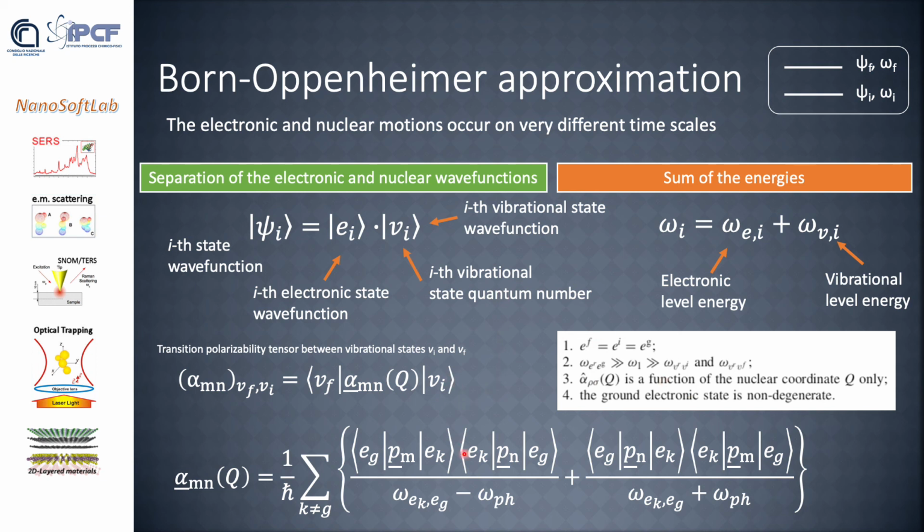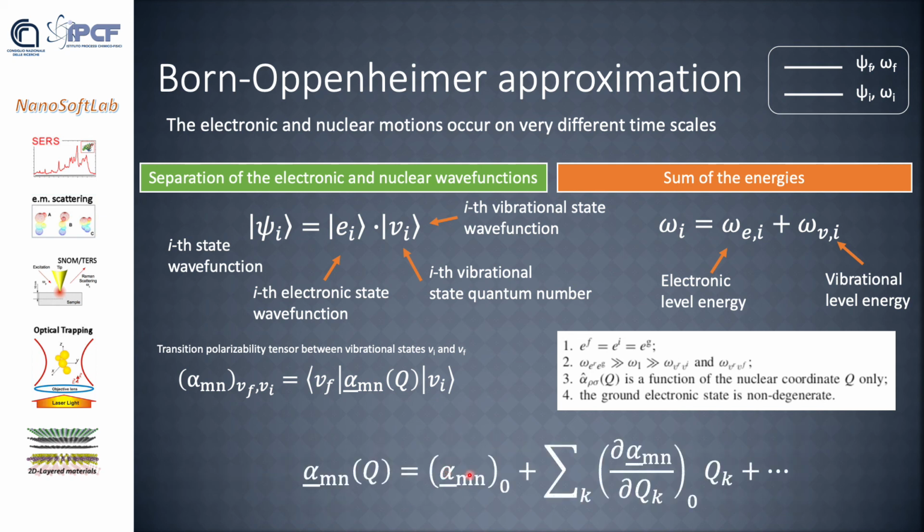It is interesting to write this expression in this mode, since we can approximate the electronic transition polarizability tensor in this way: a steady state component plus a component that depends on the normal coordinate q k, summed on all the normal modes k.